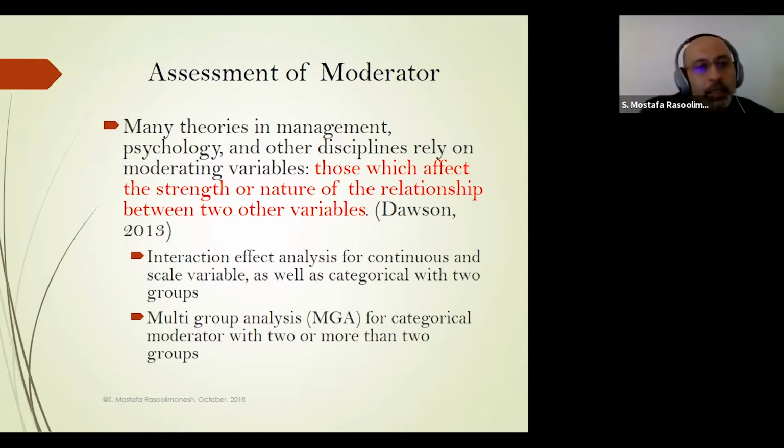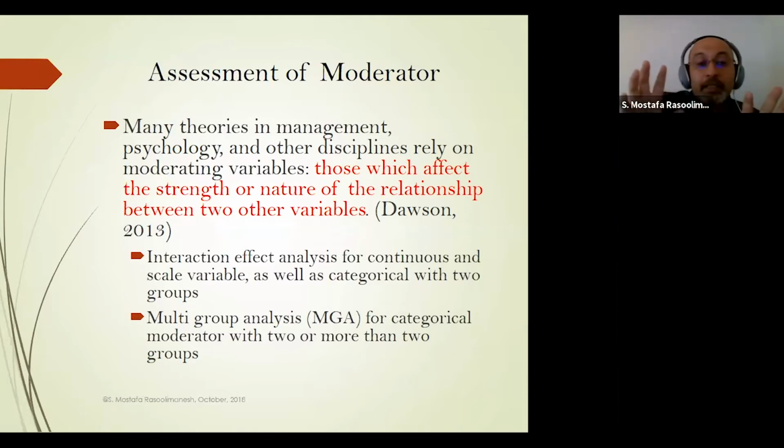But even for a continuous variable, it's possible to apply multi-group analysis in some situations. And for a categorical variable with two groups like gender, it's possible to apply multi-group analysis, and also possible to apply interaction effect.